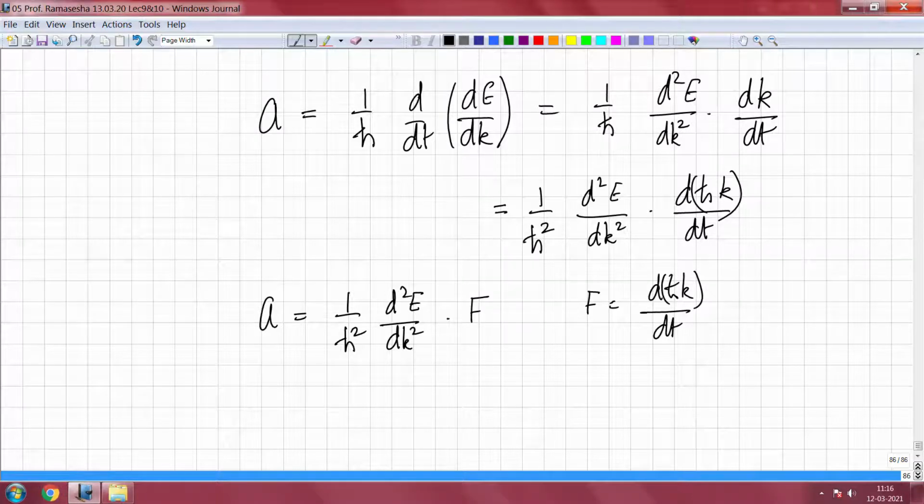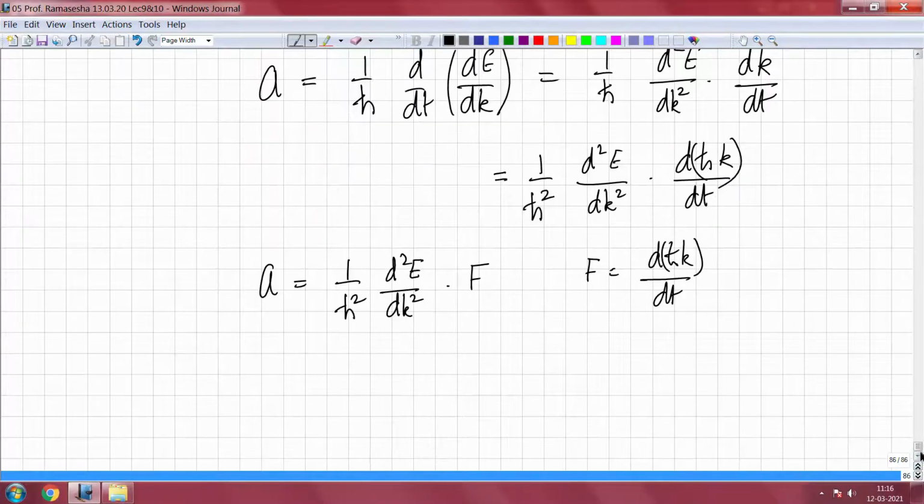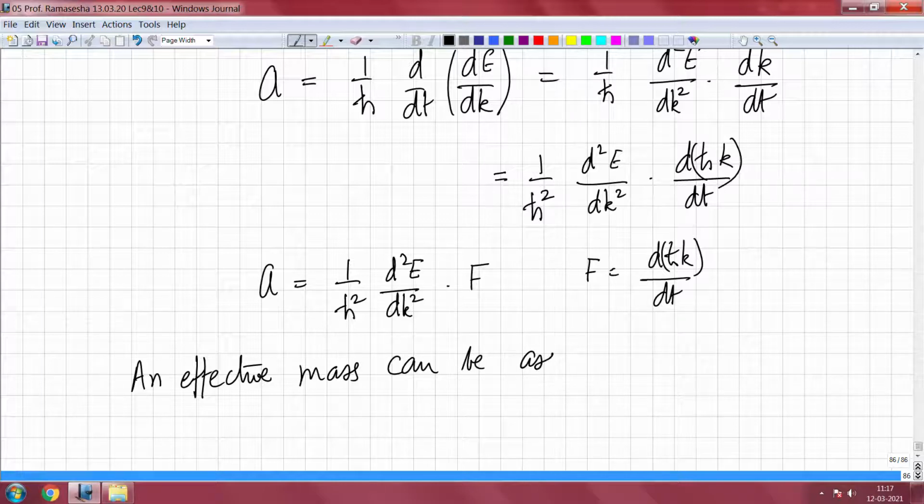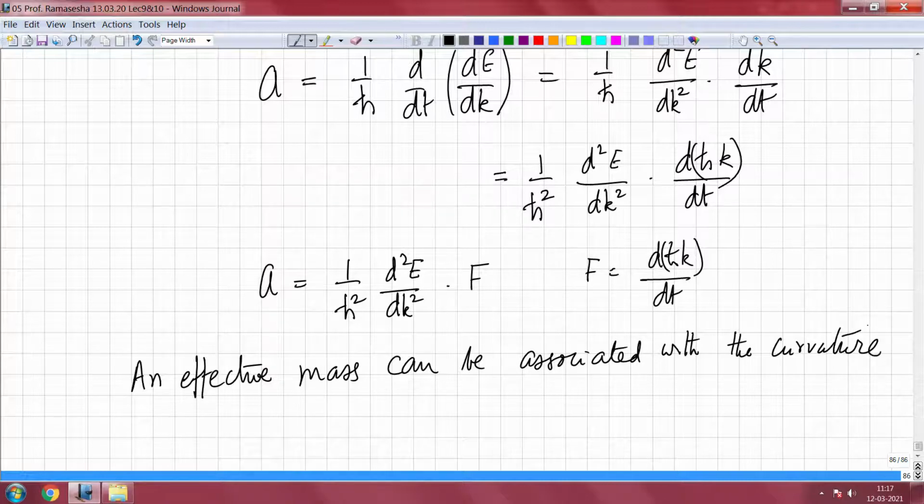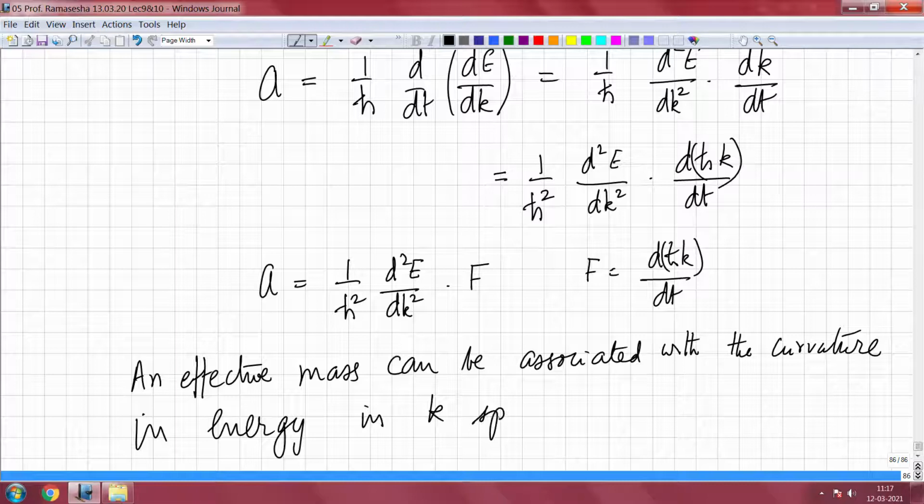Because of this, we can associate a mass, an effective mass, with the curvature in energy in k space.